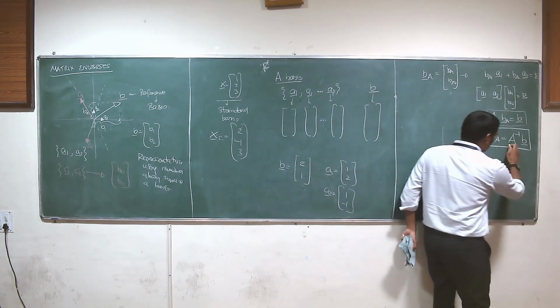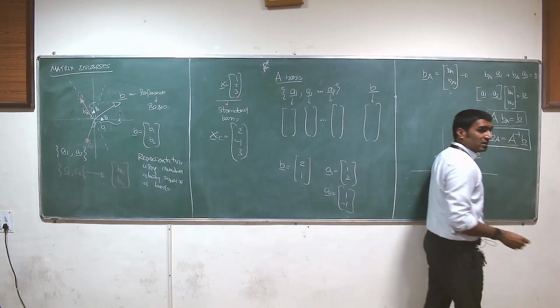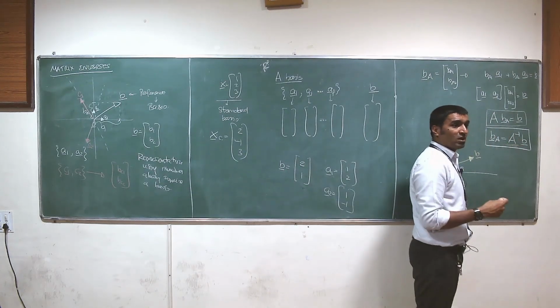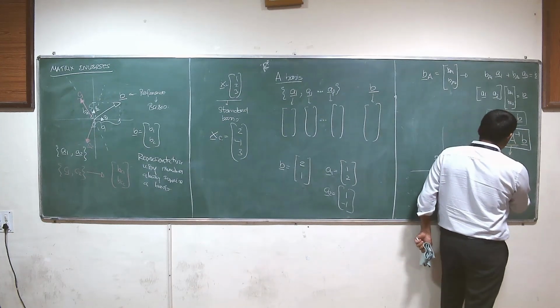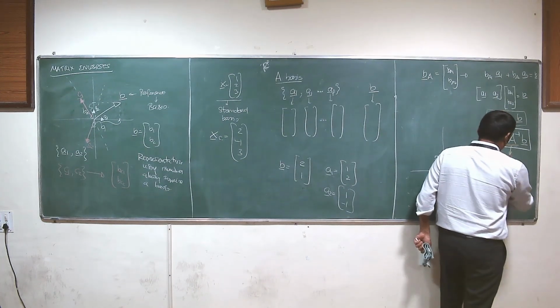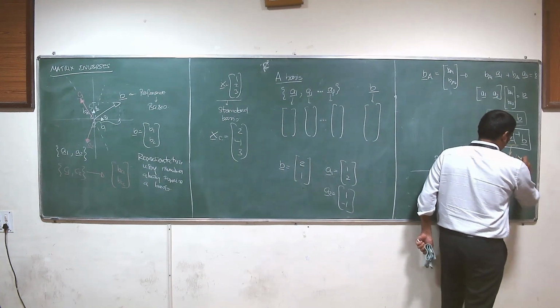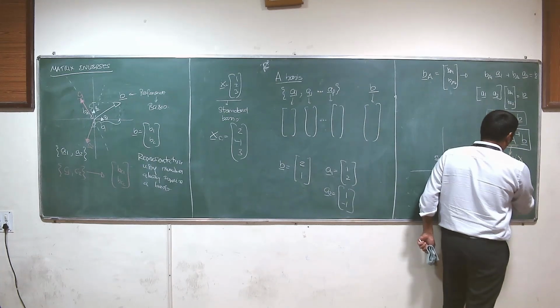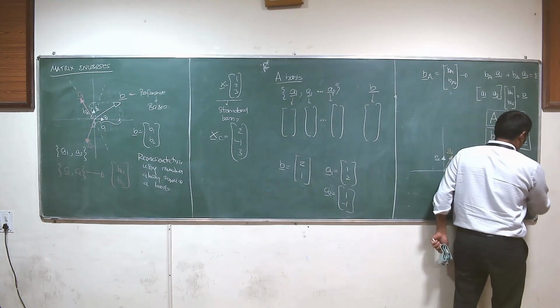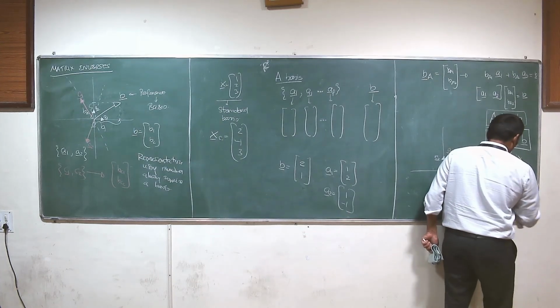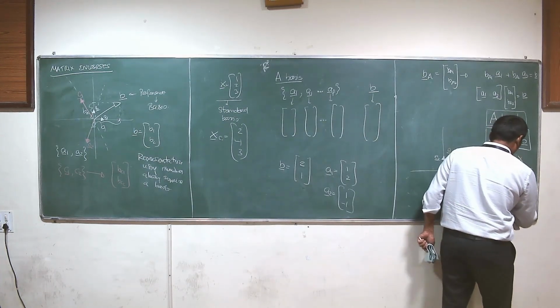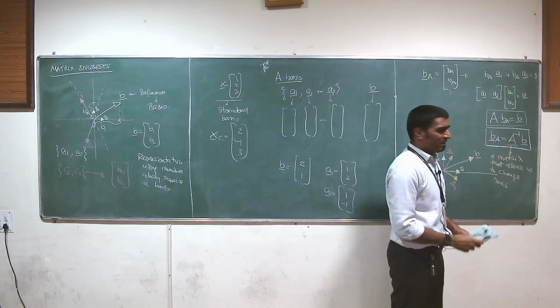and this tells us what is an interpretation for the inverse of a full rank square matrix. The A inverse is simply a matrix that allows us to change basis. Okay.